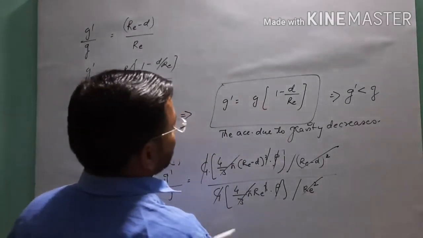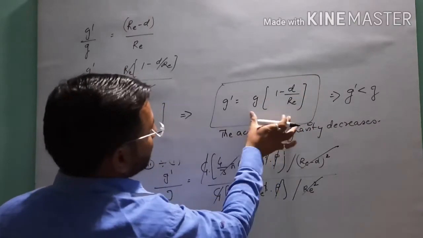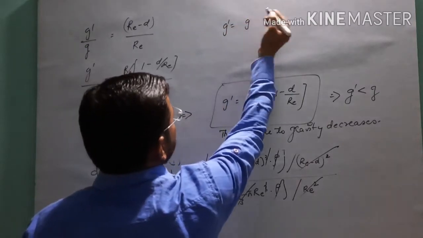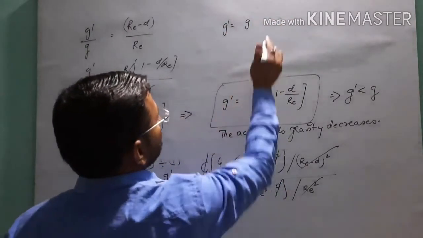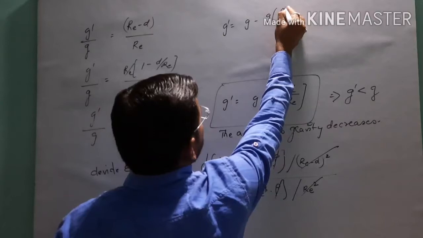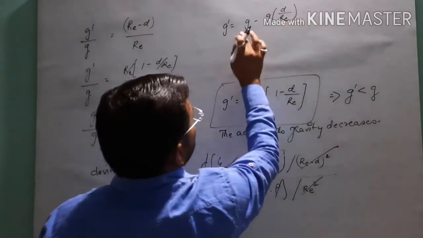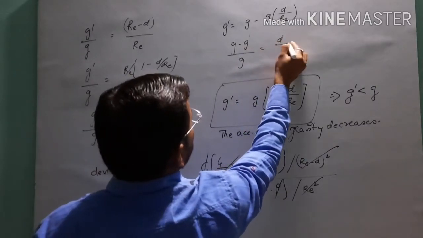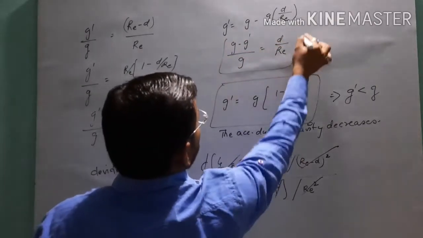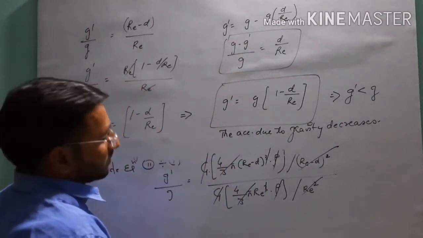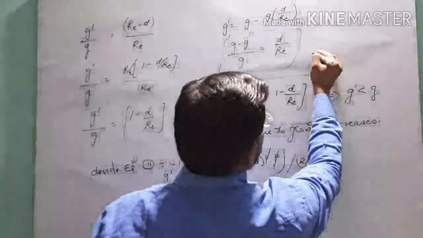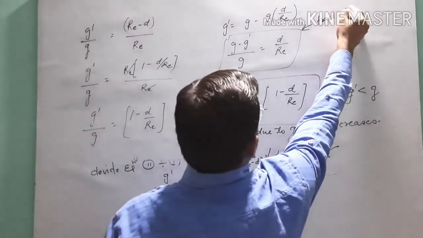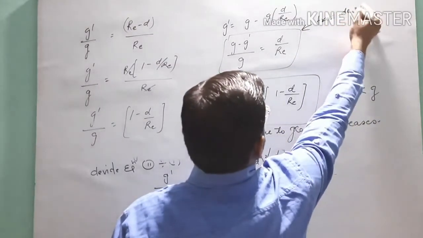So when we talk about the fractional decrease, we must adjust the formula. g dash is equal to g minus g times of d upon Re. So when you adjust, g minus g dash over g is equal to d upon Re. Point clear? It is our fractional decrease. Fractional decrease. Point clear, student?